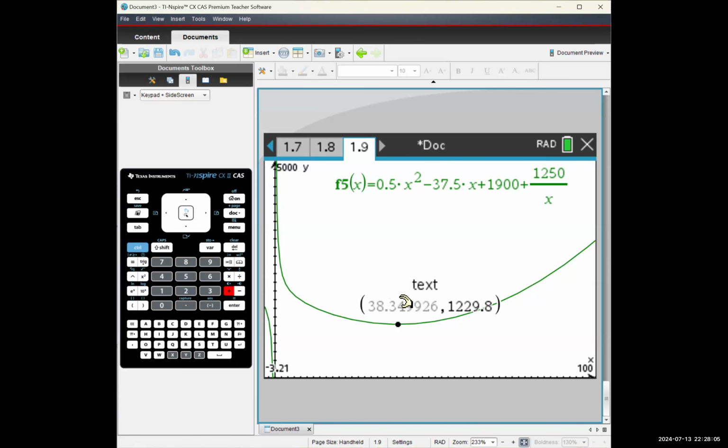Because the question says n, in this case my x over the graph here, must be positive whole numbers. I cannot just take a 38.3499, etc. to attain the technical minimum. I will have to make some rounding here. Let's say the nearest two whole numbers are going to be 38 or 39.